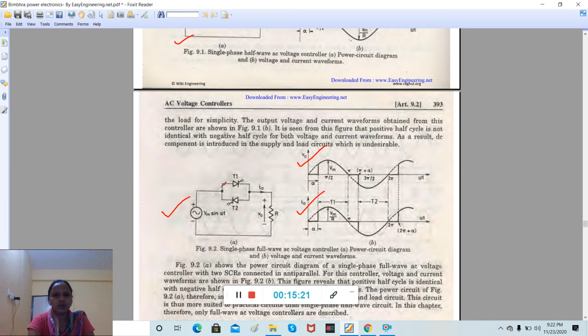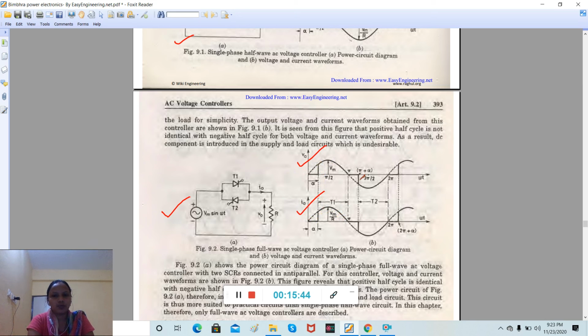So up to pi, thyristor T1 is conducting, and likewise we get the output current waveform in phase with the voltage. Here the peak is Vm, the current peak is Vm by R, and here the voltage value is Vm sin alpha, and the current is Vm sin alpha divided by R.